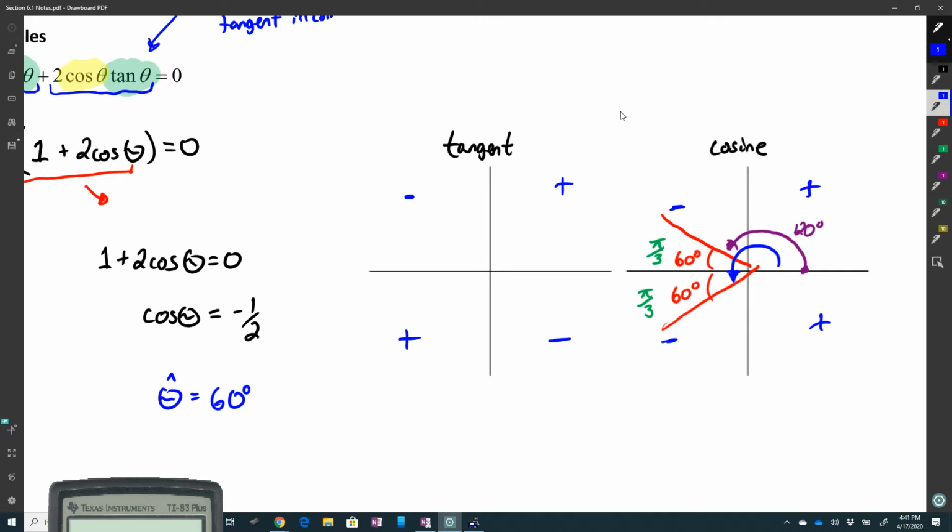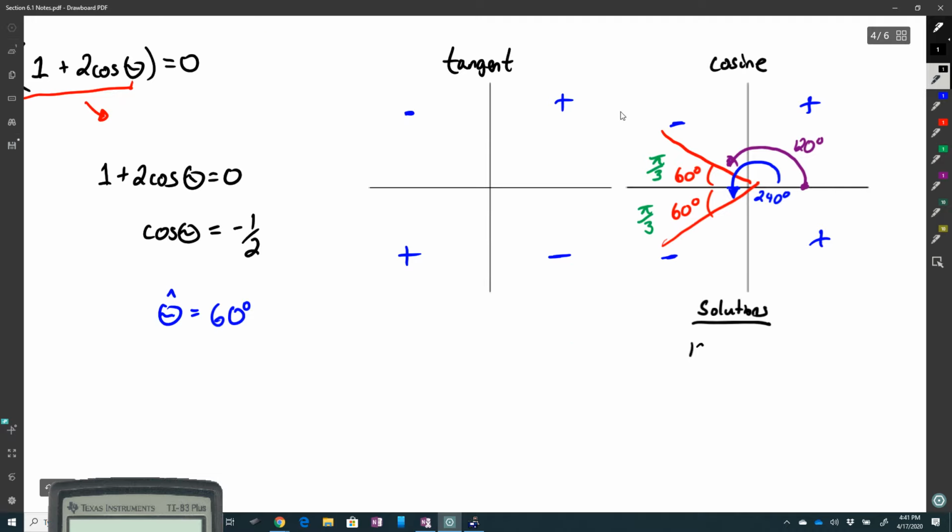So that ends up being 240. So this angle is 240 degrees. So my solutions, I'll put them underneath. It's going to be 120 degrees plus 360K, or it's going to be 240 degrees plus 360K.